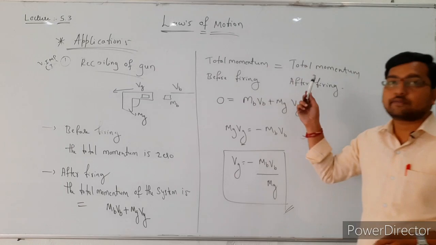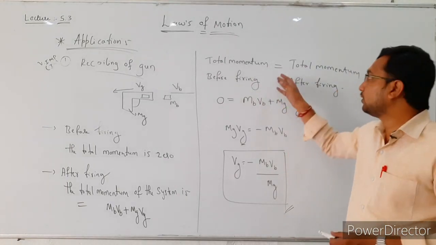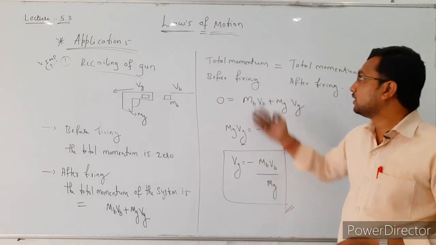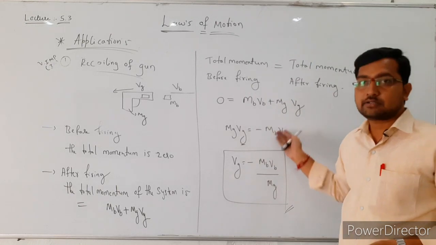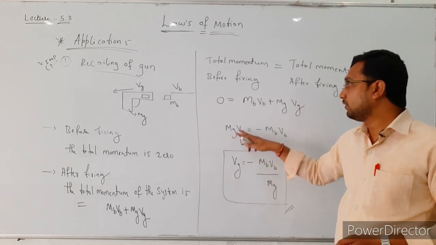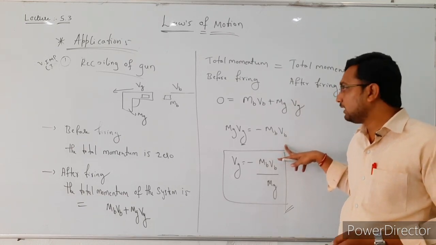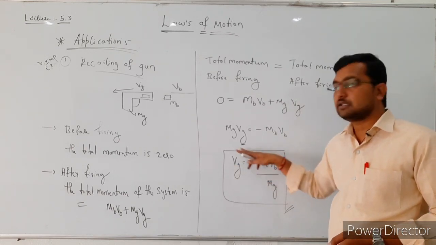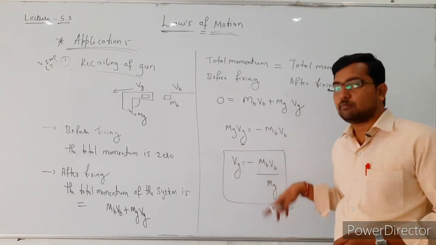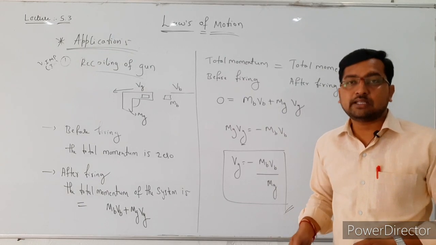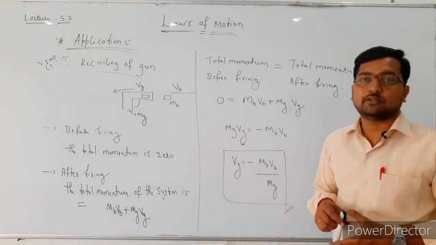According to the law of conservation of linear momentum, the total momentum before firing equals the total momentum after firing. So the mass of the gun into the velocity of the gun is equal to minus the mass of the bullet into the velocity of the bullet. We want to calculate the recoil velocity, that is vg is equal to minus mb vb divided by mg, the velocity with which the gun moves in the backward direction.